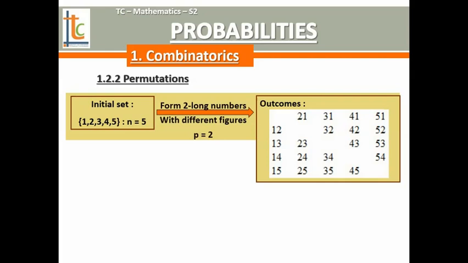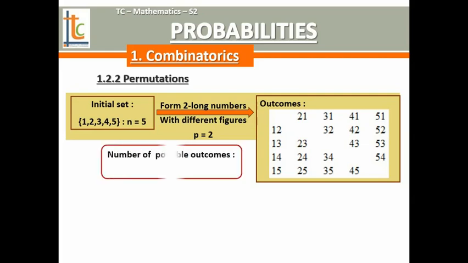Almost the same as earlier, but 11, 22, 33, 44, and 55 are forbidden. So these outcomes are named permutations. Permutations are a part of p-lists. So there are fewer permutations than p-lists. Here you've got 20 permutations.